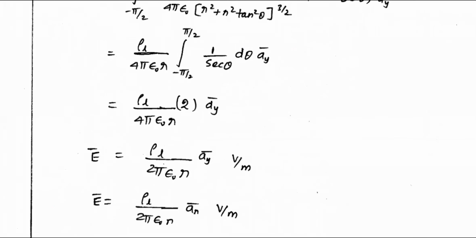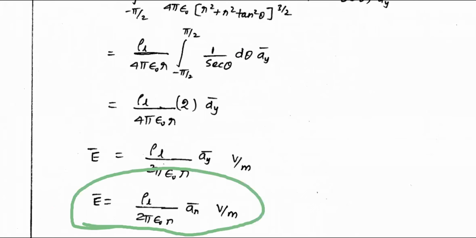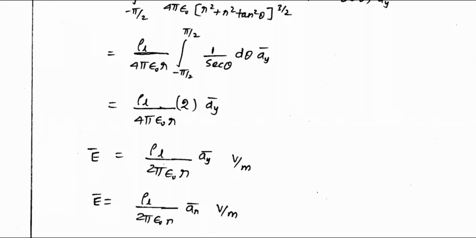Then finally what you are getting is what we are interested in: electric field is equal to ρ_L divided by 2π ε₀ r in the a_r direction. But they did not stop with this; they substitute a_ρ. Why are they denoting a_ρ?